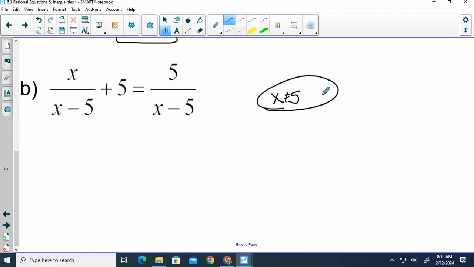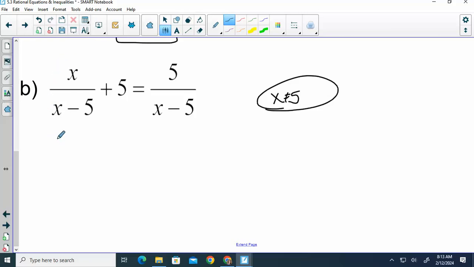Okay, so we're just going to kind of keep that in mind until the very end. What's my next step? Yeah, we need to get rid of the denominator, and to do that, we multiply. So to get rid of the first one, we have to multiply everything by x minus 5.